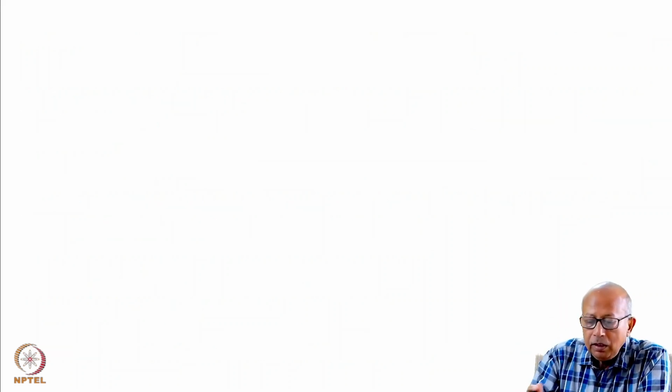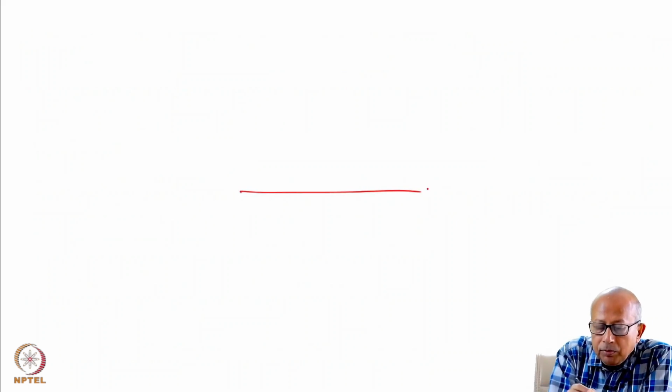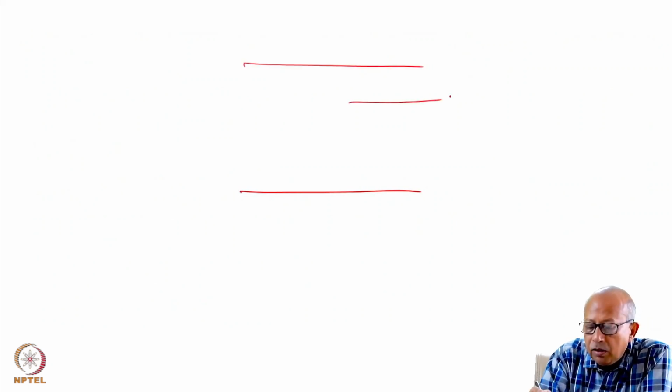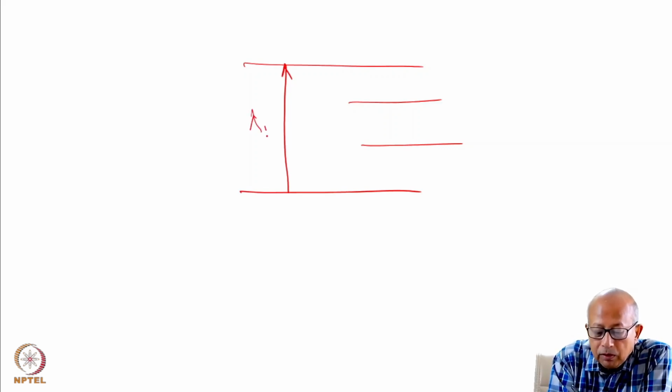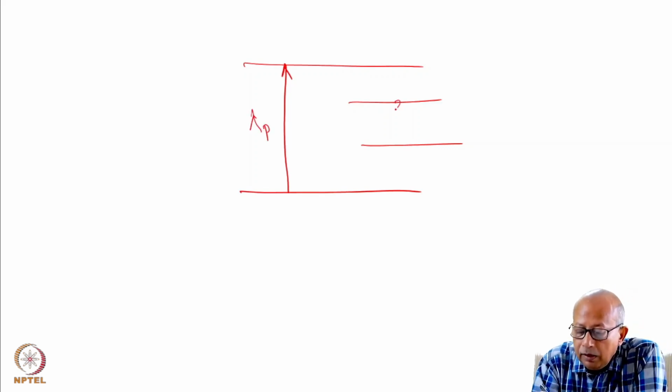does it happen? You know that, suppose this is our energy level diagram. This is the pump wavelength, lambda p, and the lasing occurs between these two levels.